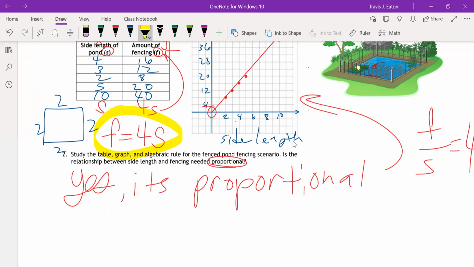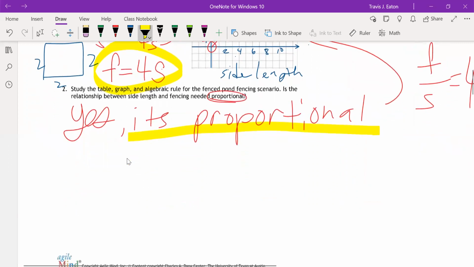So it's proportional because we have a constant of proportionality from the table. It goes through the origin and it's a straight line on the graph, and there's nothing being added to the equation after the 4s. You simply multiply 4 times the side length. All right, well, let's move on to the next question then.